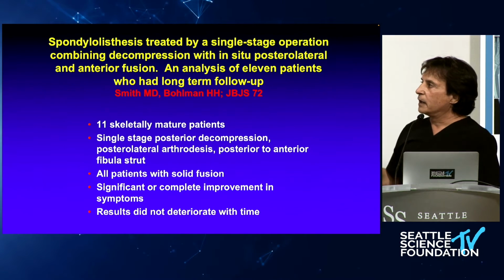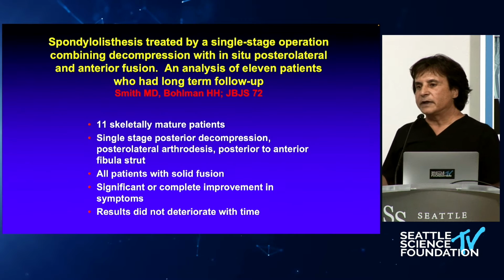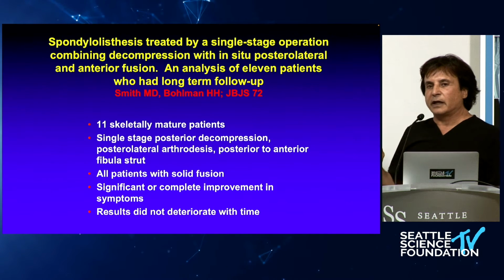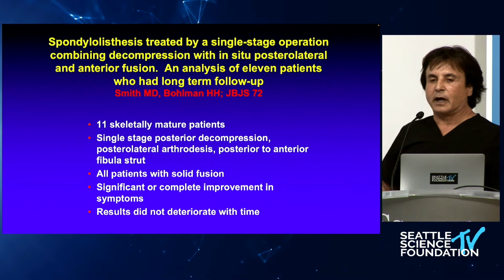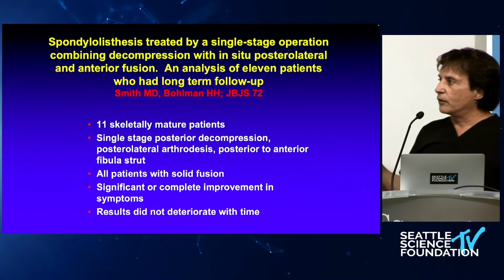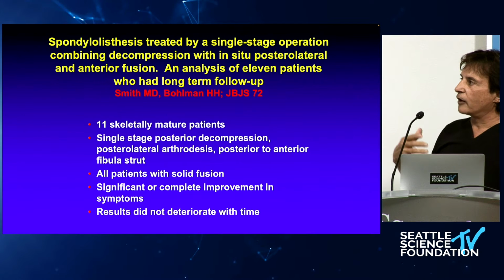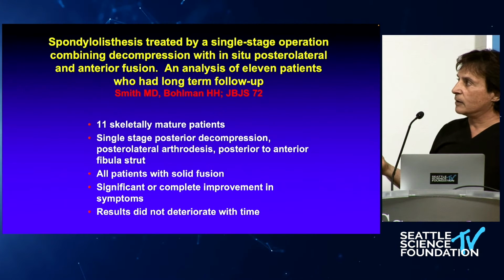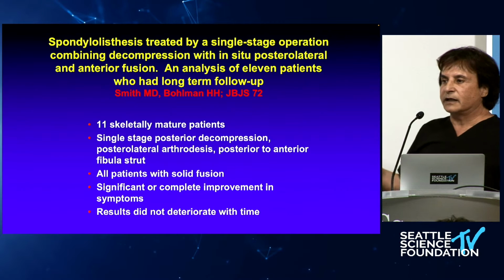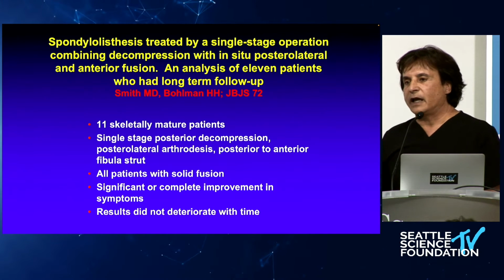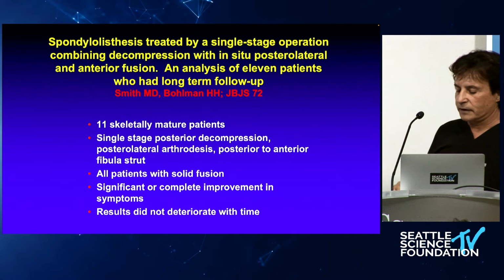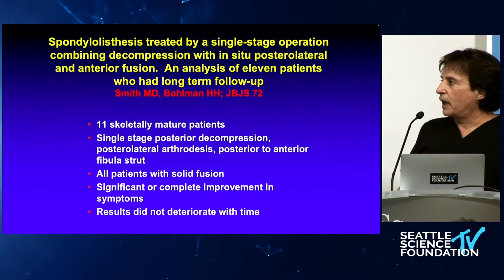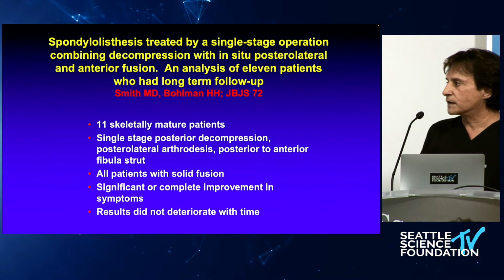Bohlman, in his outcome series, didn't use instrumentation, and he did use the posterior approach. He didn't use the anterior approach at all, and through a fibular strut achieved a solid fusion in his 11 skeletally mature patients. It's a technique that's still used today, particularly by his fellows. He had excellent resolution of symptoms, and significant and complete improvement in symptoms.